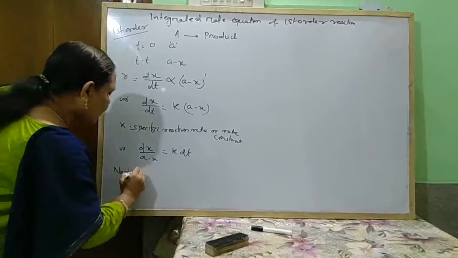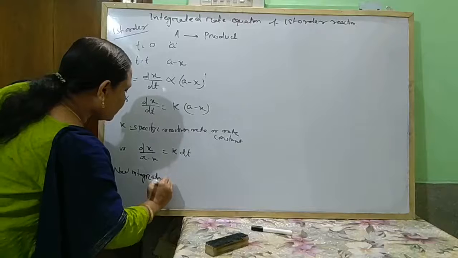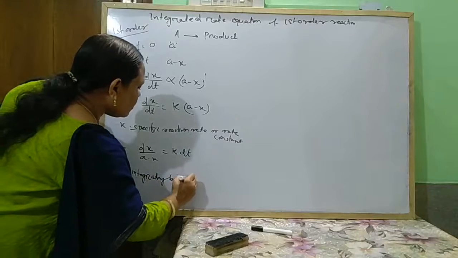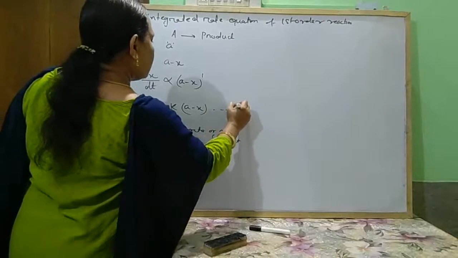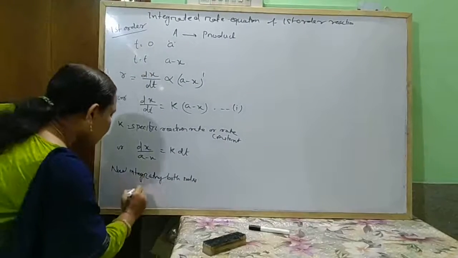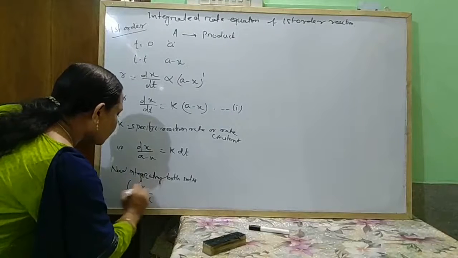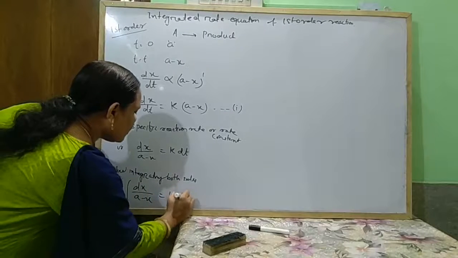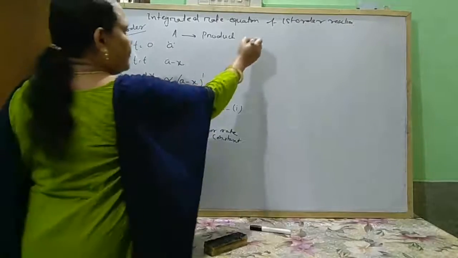Suppose this is your equation 1. Integrating both sides, we get the integral of dx by a minus x equal to the integral of k dt.